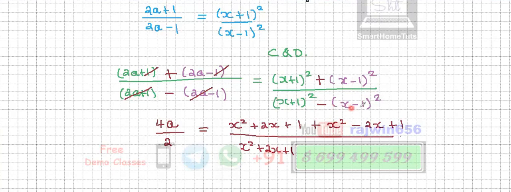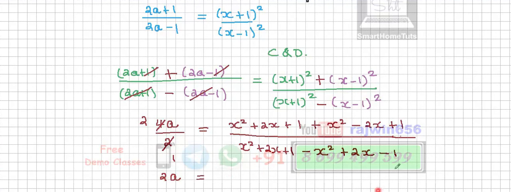Because your minus sign is there, so whatever these terms are there, I'm going to change their sign. This is going to become minus x square. Minus 2x is going to become plus 2x. And this plus 1 is going to become minus 1. You can cut this. 2 1s are, 2 2s are. So what is going to remain over here is 2a.